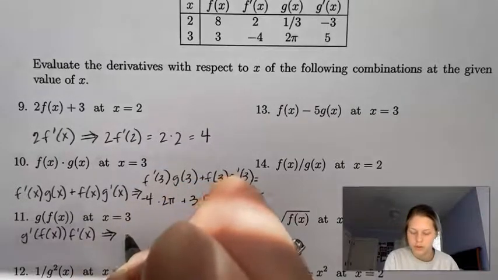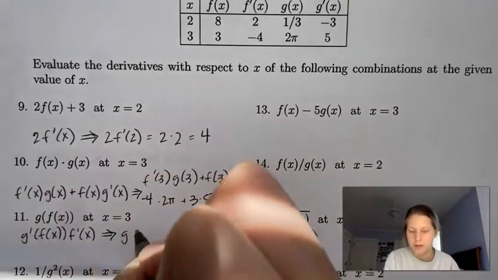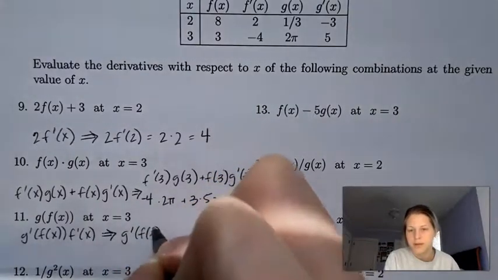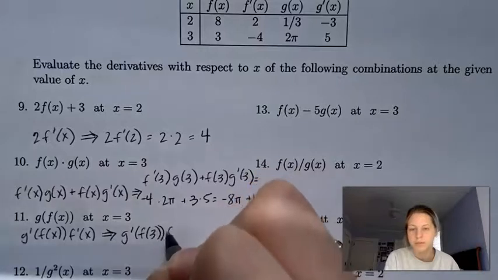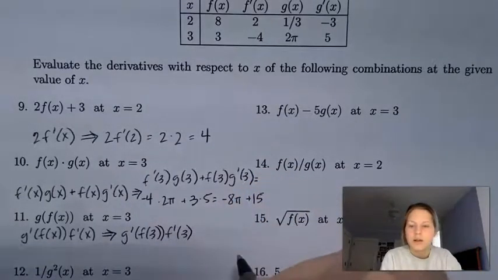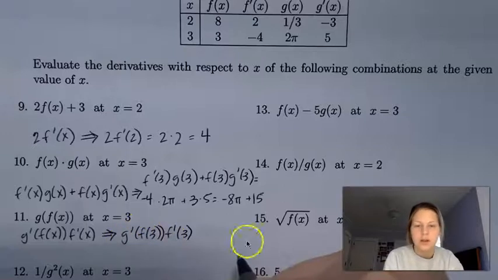So we'll get g prime of f of 3 times f prime of 3. Technically we haven't filled in for the g prime yet, but we have to find what f of 3 is first before we can find out the numerical value of the g prime of whatever f of 3 is.